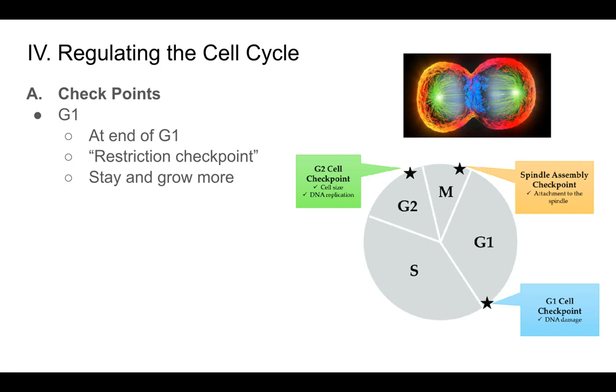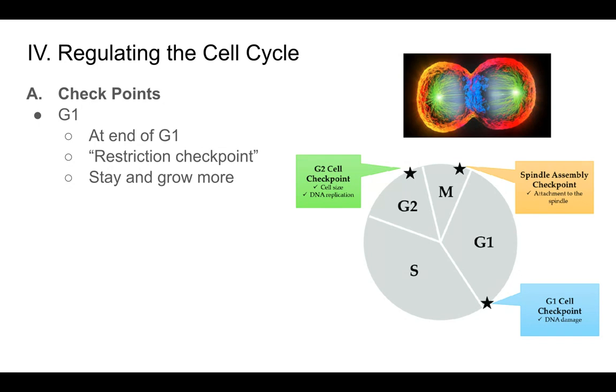This is the only checkpoint where staying put and continuing to develop whatever is necessary is available. At all of the other checkpoints, if you do not meet the criteria, the cell is triggered into apoptosis, which is cell death. So this is the only checkpoint where you get a chance to kind of do over, right?